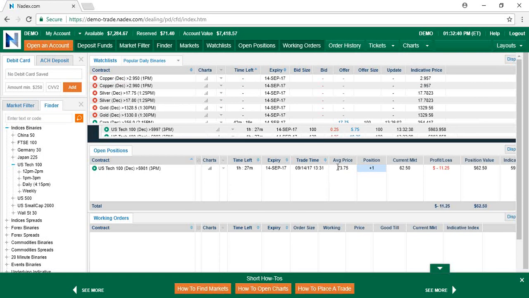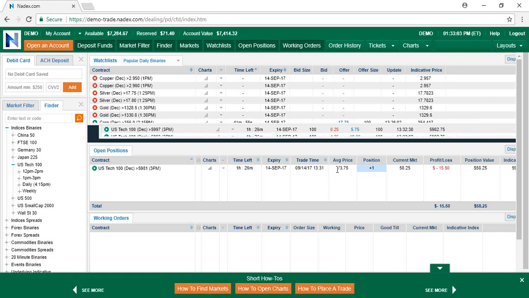So not only can I exit early for profit, but what if I see the charts telling me that the market's reversing, the market's going the other way? Do I have to just sit and wait till expiration and watch my $73 risk just go to zero?